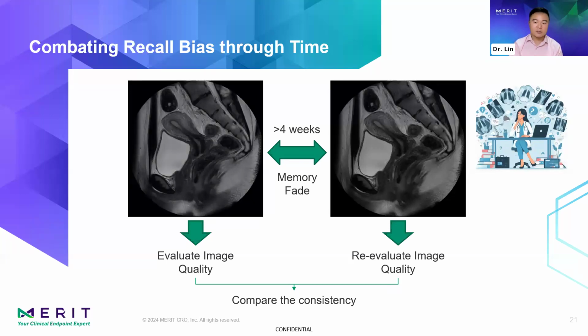However, the accuracy of their recall significantly decreased after 4 weeks compared to 2 weeks. Therefore, when we are dealing with those exceptionally perceptive medical professionals, it's very often challenging to completely eliminate their recall bias, but instead, we can employ memory fade methods to minimize this impact.